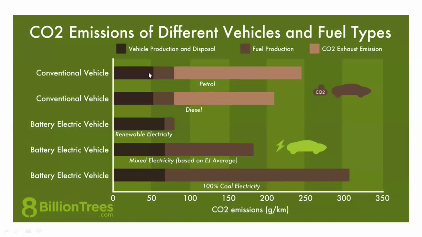You can see petrol car CO2 exhaust emission, grams per kilometer. A conventional vehicle is very high.